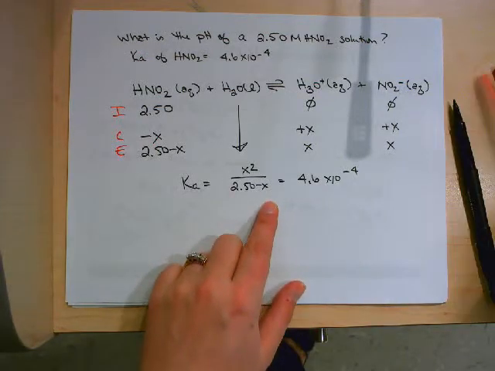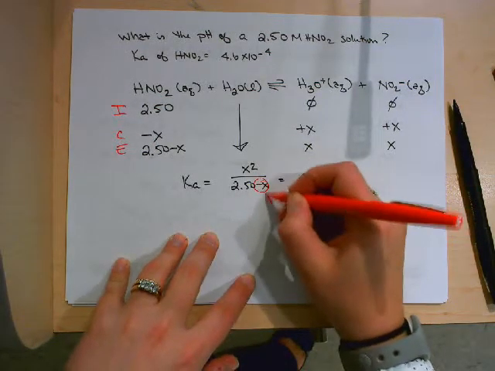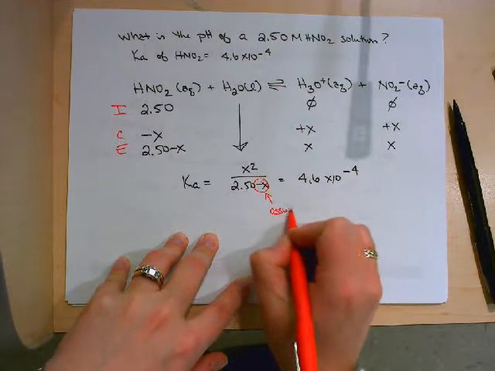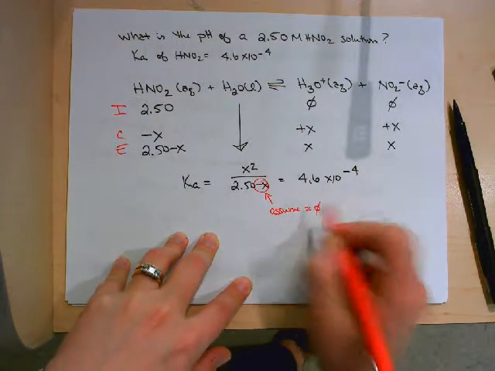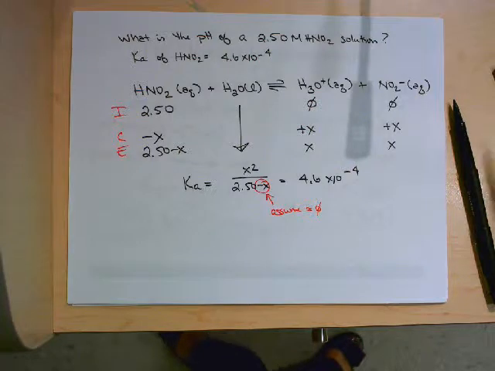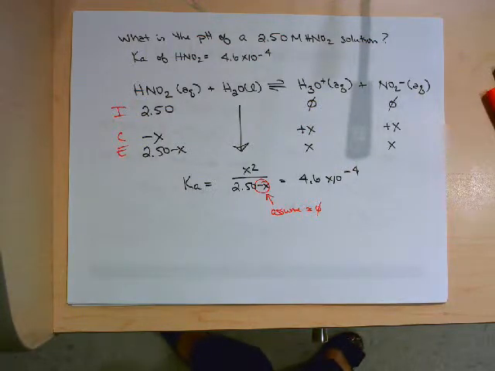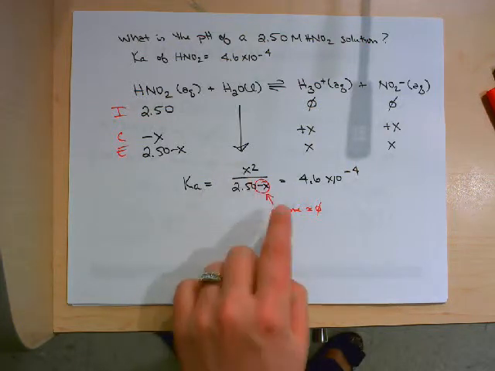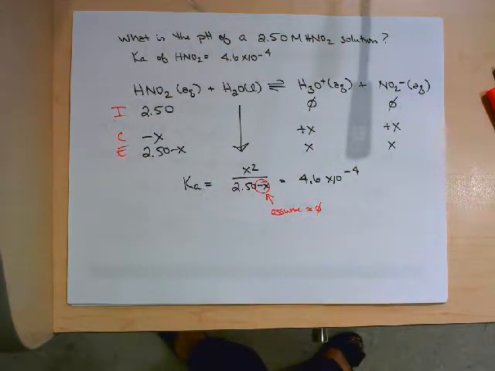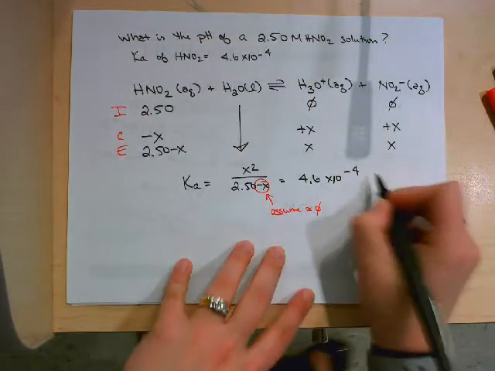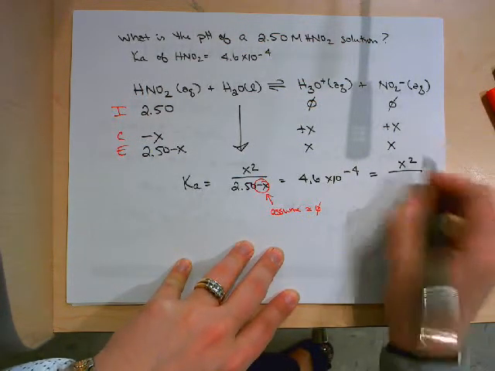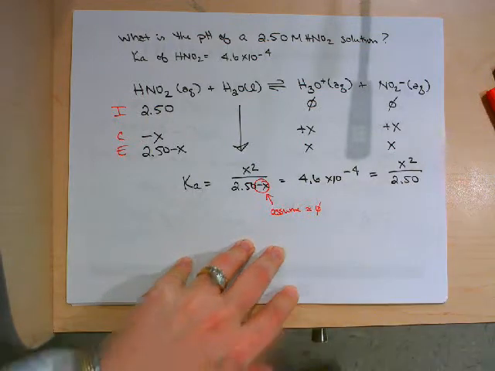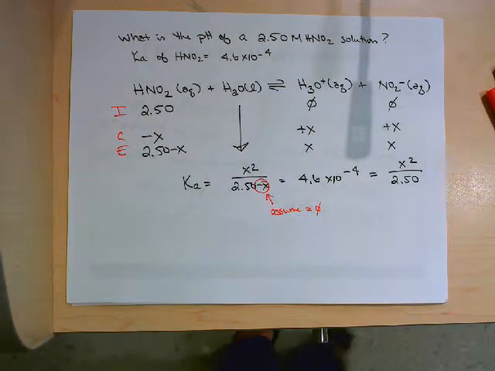So we assume that this x down here is small. We're going to call it 0, so that it's 2.5 minus 0. But that doesn't change the x's on top. You don't make the assumption that all x's are 0, otherwise your calculator freaks out with a 0 divided by 2.5. It'll probably yell at you and say error, or syntax error, or something like that.